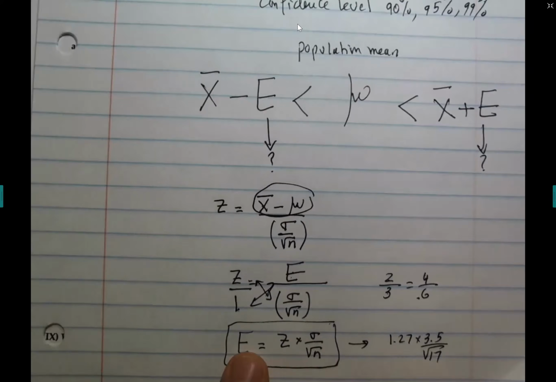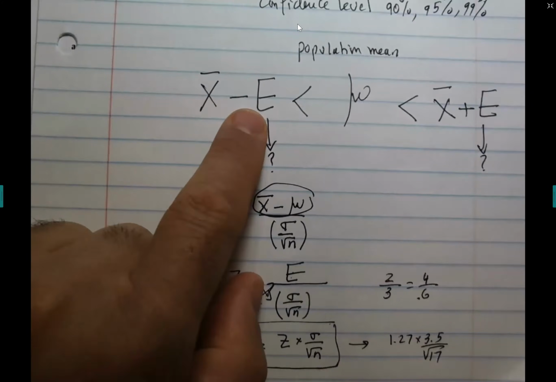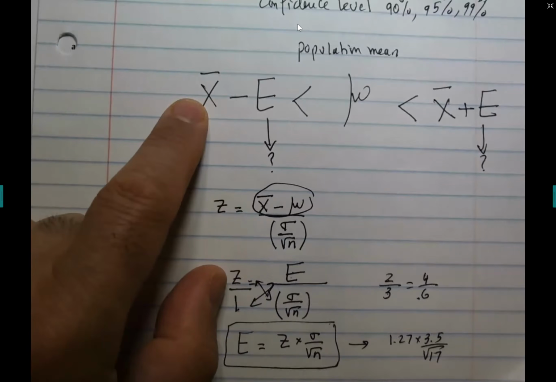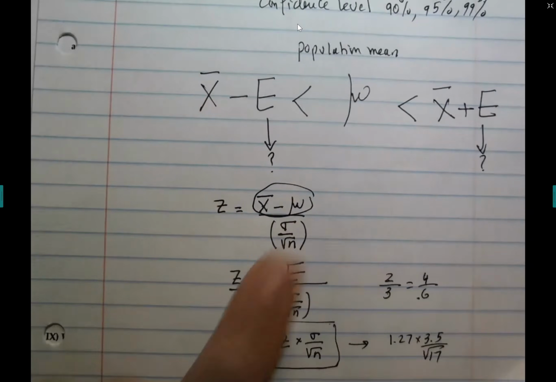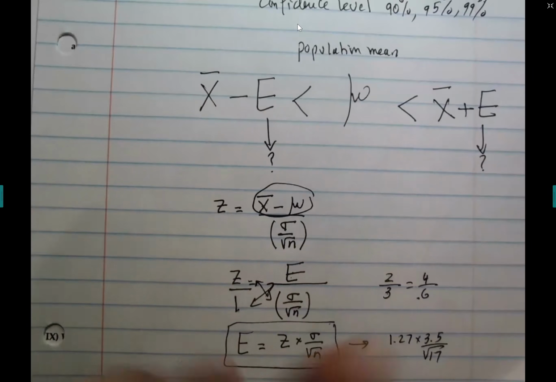That's the reason why I did this earlier, because there is a formula just like that. So this is the formula for E. Now, x bar minus E, x bar plus E. X bar will already be given to you. Once you learn how to find E, you plug it in here and there, and you get your interval, and then you can answer the question.